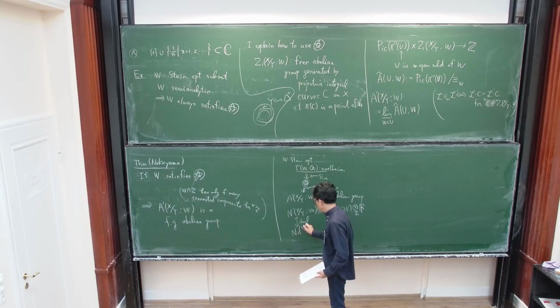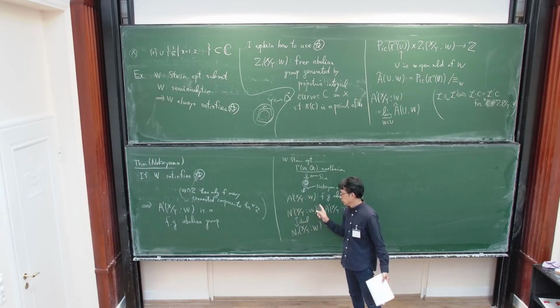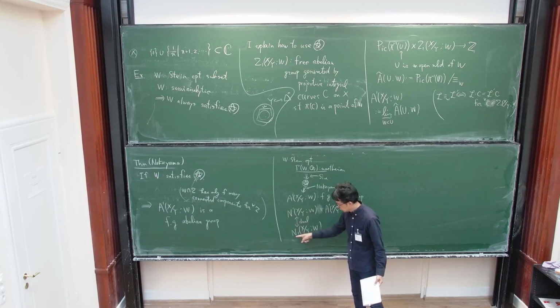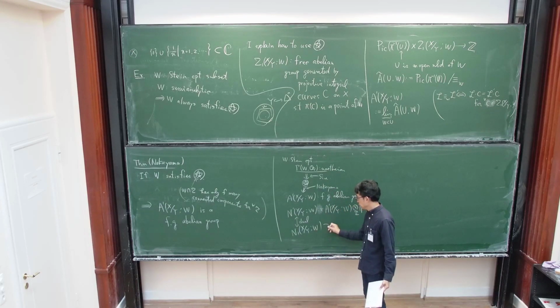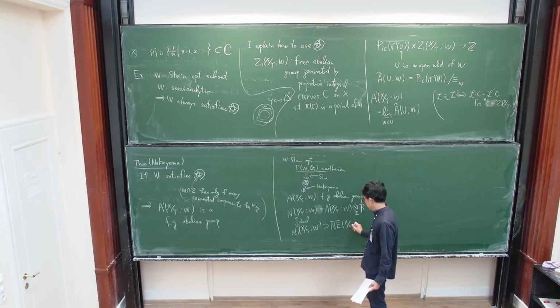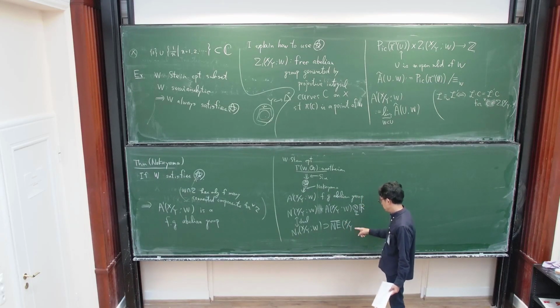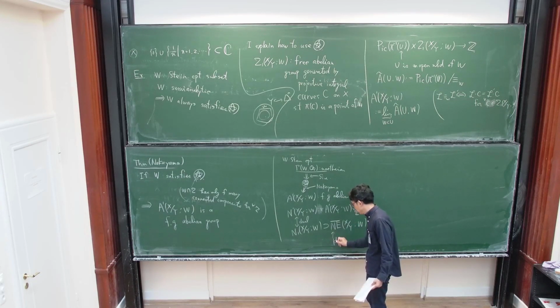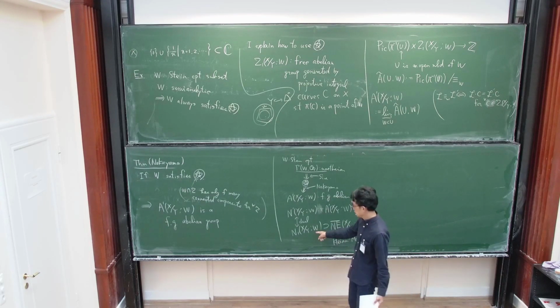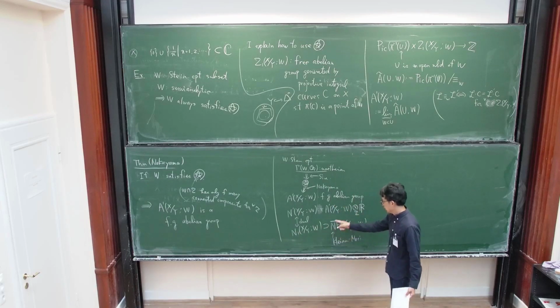This is a finite dimensional vector space, so the dual space is also finite dimensional, and we can define the Kleiman-Mori cone. By Nakayama's theorem, this is finite dimensional, so we can define the Kleiman-Mori cone as in the usual case.